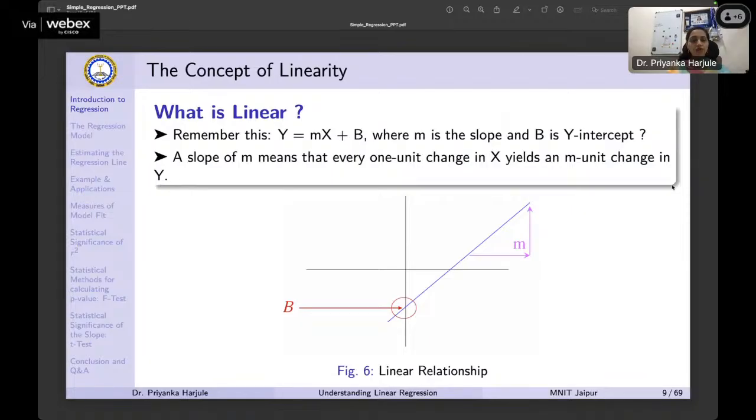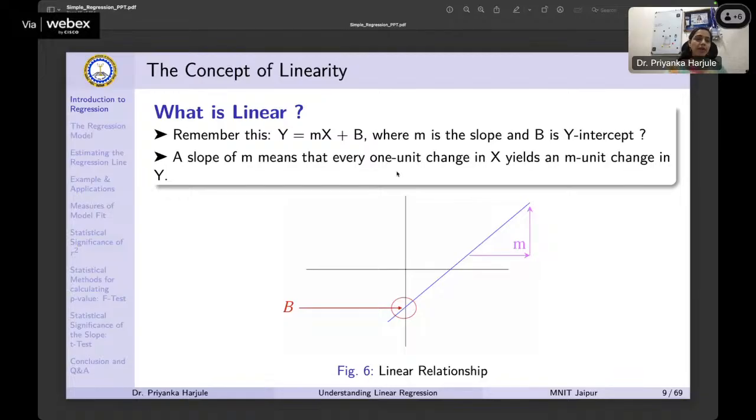This equation, all of you know it from our 12th standard. y = mx + b. This is the equation of a linear line, line segment or line. Here slope is m, which tells us how steep the line is and how y, the dependent variable, changes as x increases.